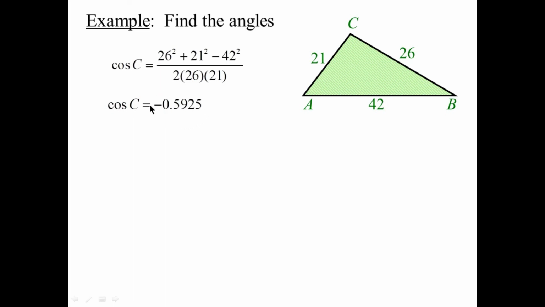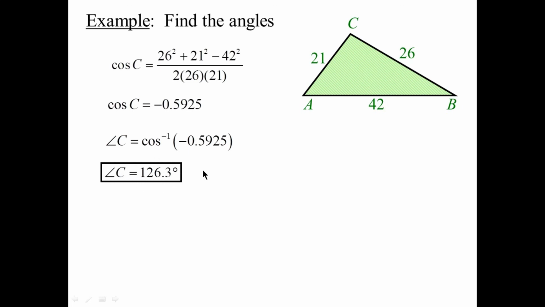Cast rule is telling us it must be in the second quadrant. It must be bigger than 90 degrees. Inverse, now look at this. See the COS? It steps across the equal sign and becomes inverse COS. As simple as that. Inverse this on your calculator, and you have a second quadrant angle, 126.3 degrees.